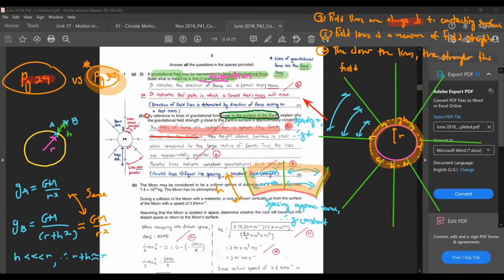You can just say that the height above surface is small compared to the large radius of the Earth. Thus, the lines are approximately parallel. The part where you say that the lines are approximately parallel is where your second mark comes from, okay?